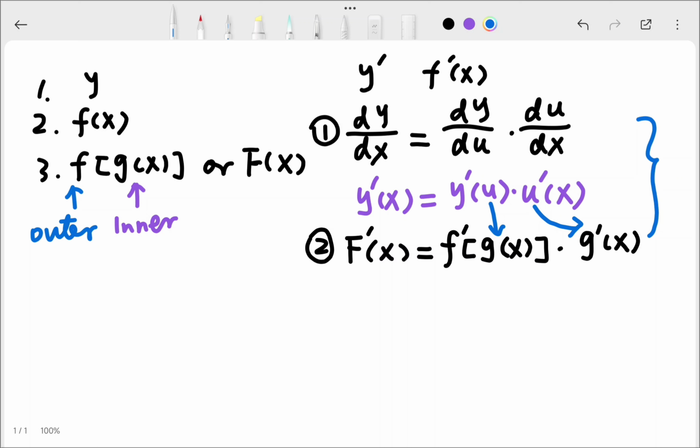Before we look at an example, I just want to point out that when we differentiate the outer function with respect to the inner function, we need to keep the inner function as it is. Try not to change anything about it. Keep it as it is.